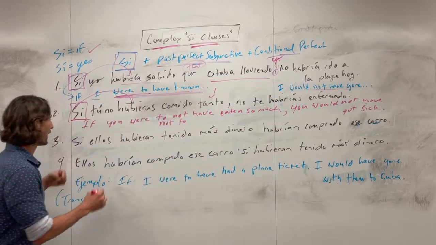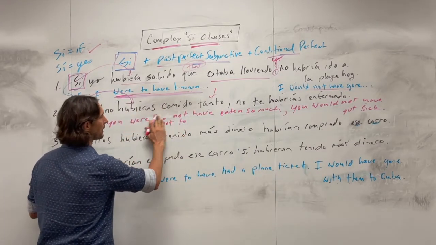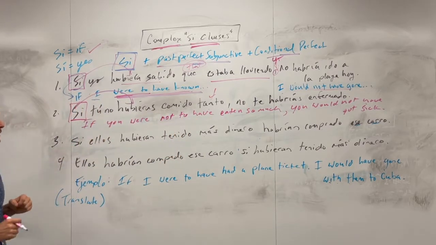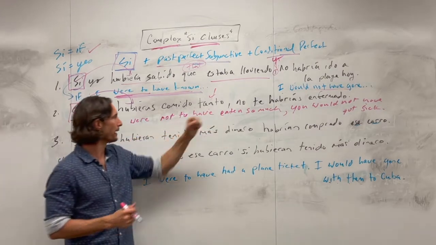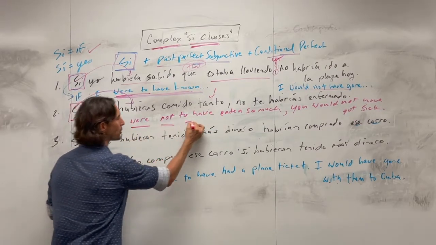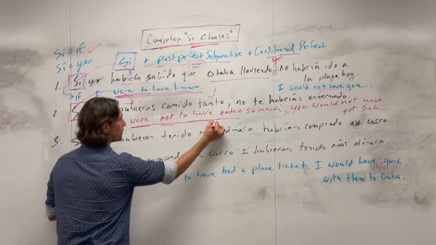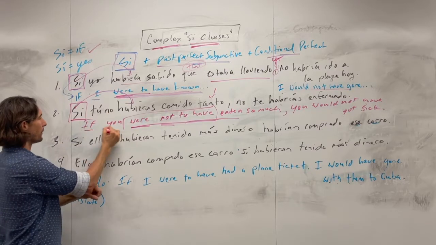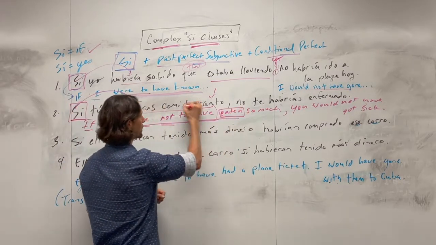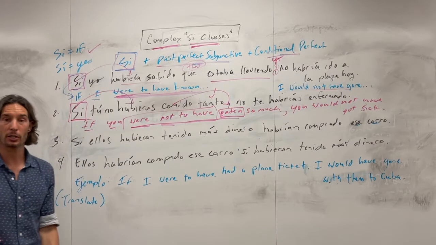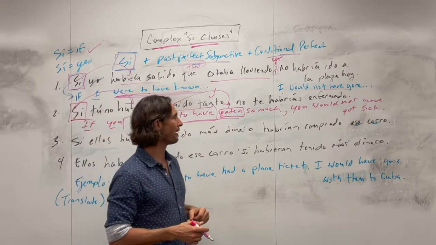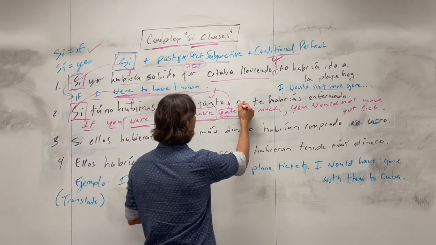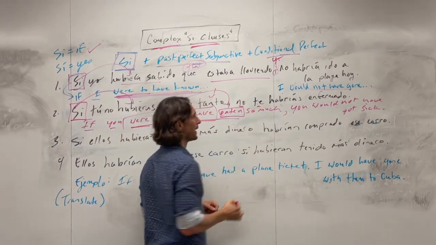If you were not to have eaten so much, that's where this "were not to have" comes in, the negative version of this. And eaten, of course, is the past participle of comer. You would not have got sick. No te habrías enfermado.